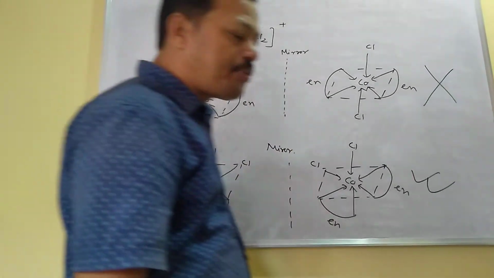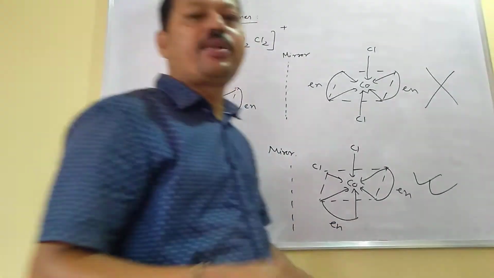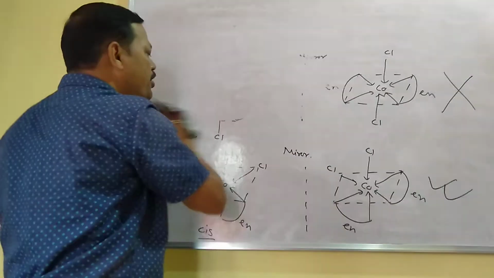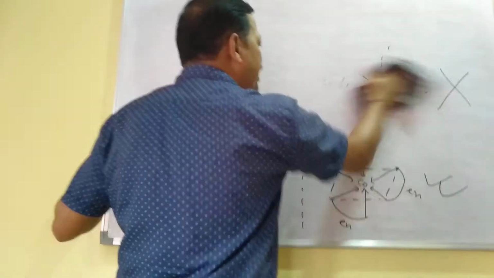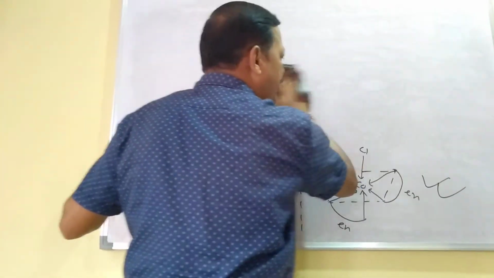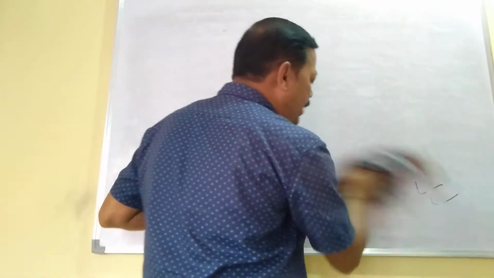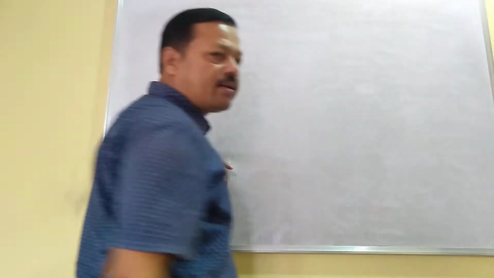So this is about the optical isomer. If you want to draw the optical isomer of any complex, then you see the mirror image. If the mirror image is different from the original complex, that means it can show optical isomer. And if the mirror image is exactly the same as the original complex, that means it cannot show optical isomer.